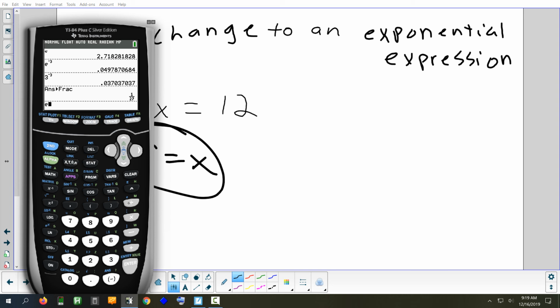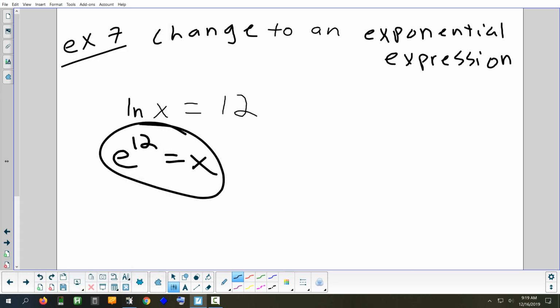Yours is probably different, unless you have a calculator like that. And then exponent 12. So if they asked what the answer was, what is that? 162,754. Questions on that one?